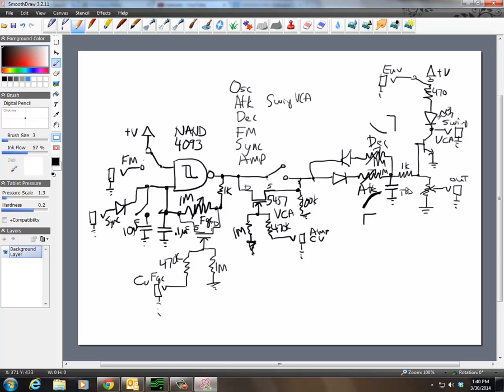And you can also have CV control on the frequency as well as the amplitude. Okay, that's it.